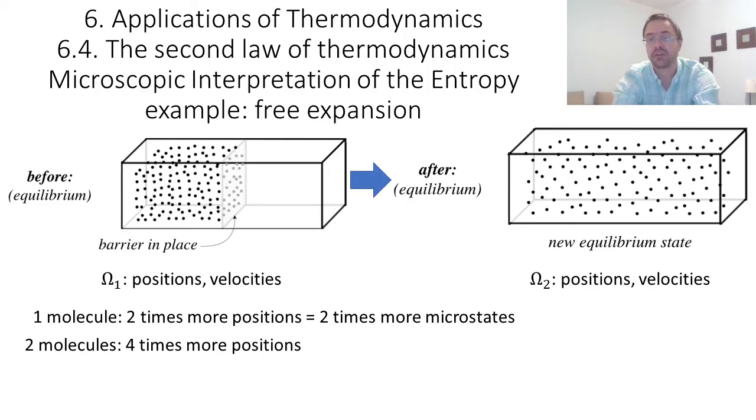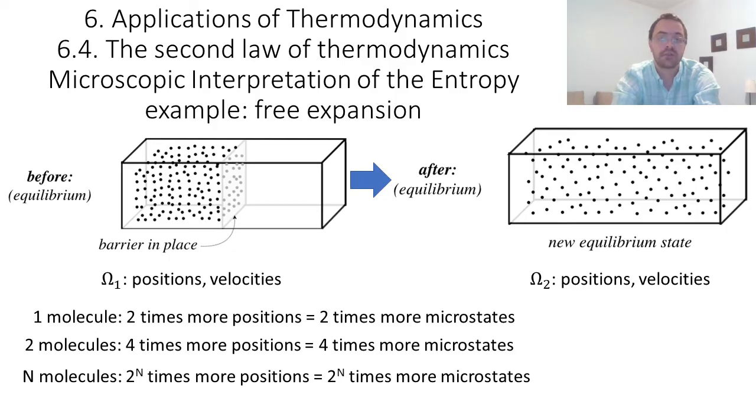The first one can be on the left and the second one on the right, or the first one can be on the right and the second one on the left, or both of the molecules can be on the right. So you see that we have 4 times more positions compared to having both molecules on the left side. And we can continue like this, and if we have n molecules, then we have 2 to the power n more microscopic states. And so in the end, you see that omega 2 is equal to 2 exponent n times omega 1.